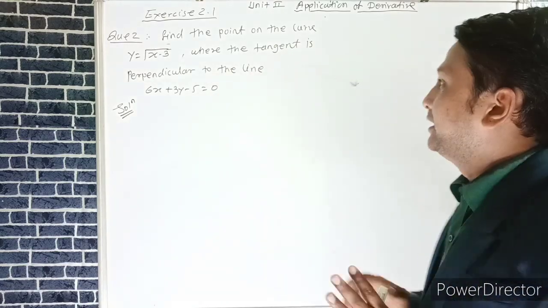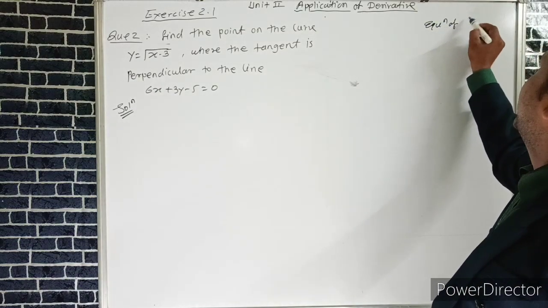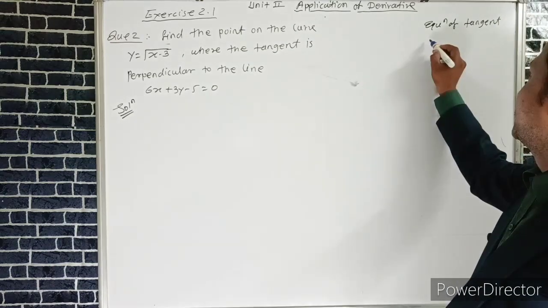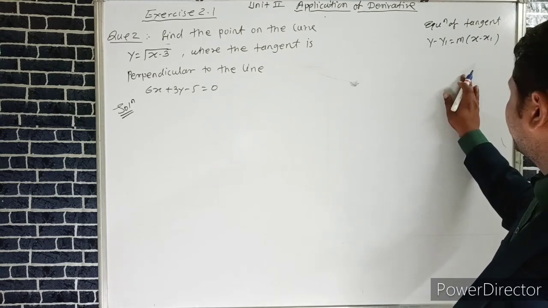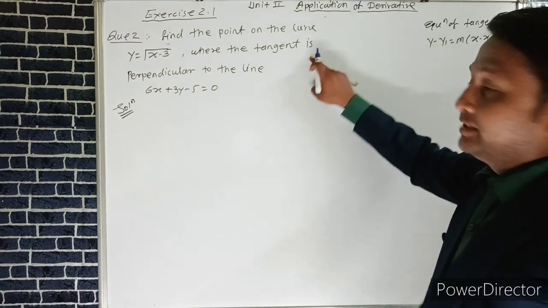So similarly, we know the first equation of tangent is y minus y1 = m(x minus x1). When the line is parallel to the tangent, then m is the slope of the tangent.